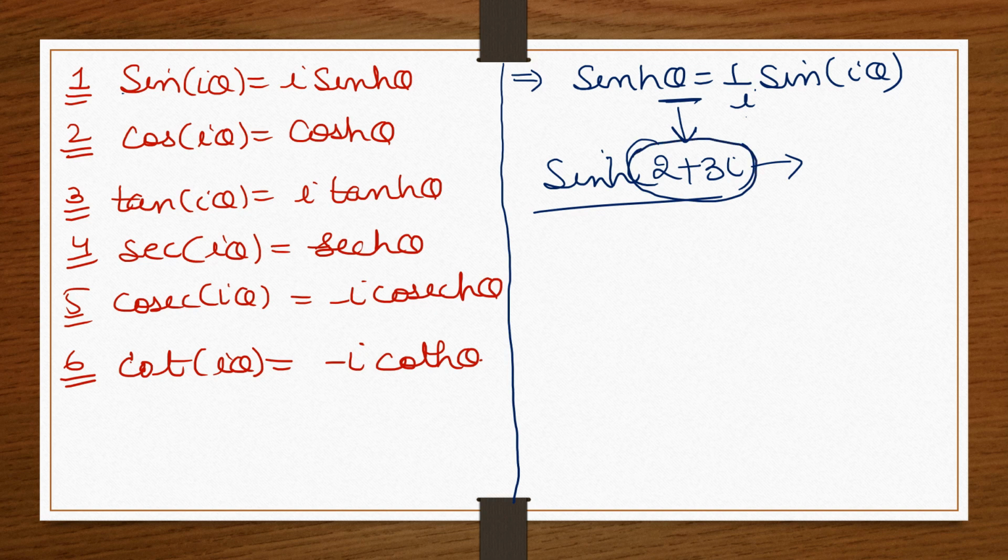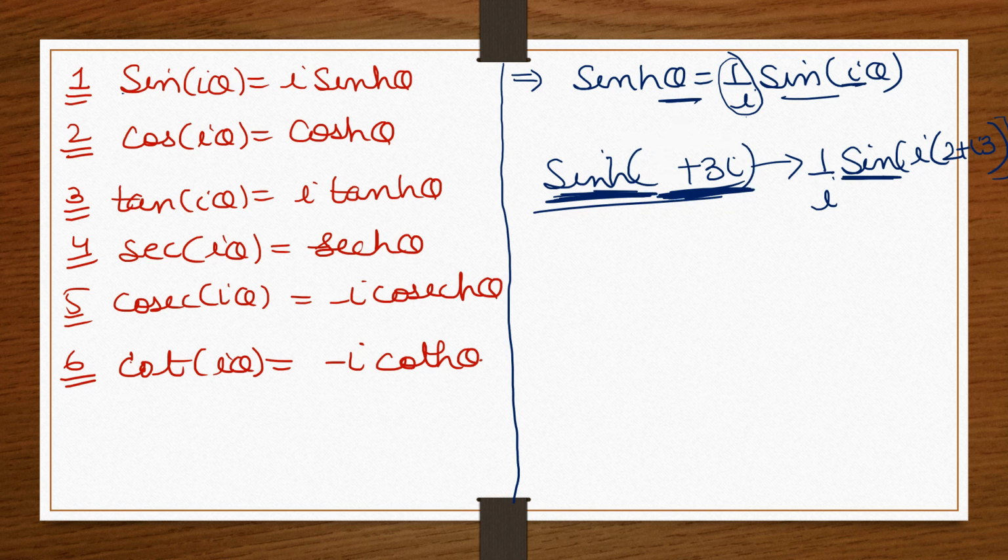You just multiply this theta with iota, and along with that we place 1 by iota, and then your hyperbolic function will convert to simple circular sine. So this will be equal to 1 by iota sine of iota 2 plus iota 3. I hope you are getting it. Now this hyperbolic is converted to simple sine.